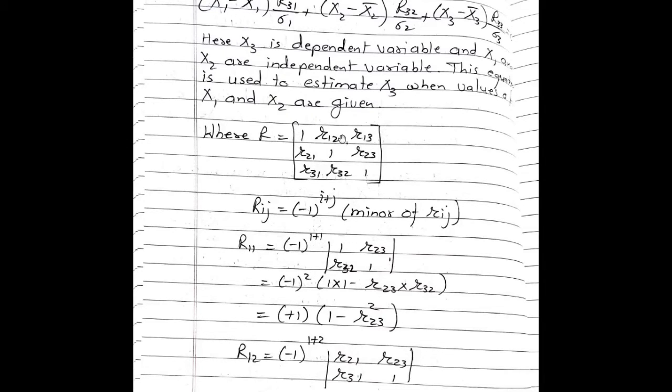Hide first row and first column. The things which are remaining are 1, r23, r32 and 1. So minus 1 raised to 2, 1 into 1 minus r23 into r32. We know that r23 is same as r32. So minus 1 raised to 2 becomes plus 1. 1 minus r23 squared.